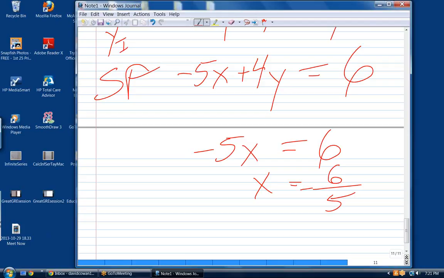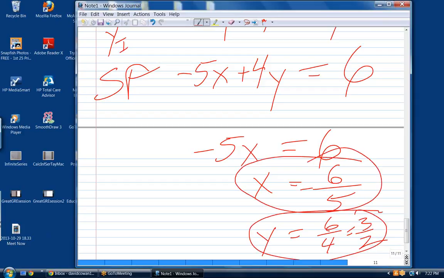To find the x-intercept, I substituted 0 for y. To find the y-intercept, I'm going to substitute 0 for x. So then it would be 4y equals 6, and then 6 divided by 4 is the y. So there's your y-intercept, there's your x-intercept.